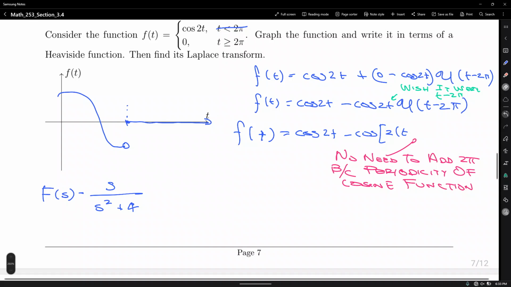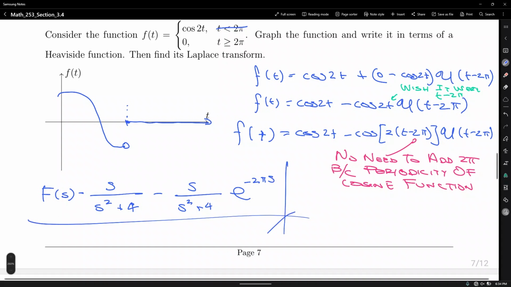Let's unpretend. That'll be minus s over s squared plus 4, and in this case e to the negative 2 pi s. Final answer.